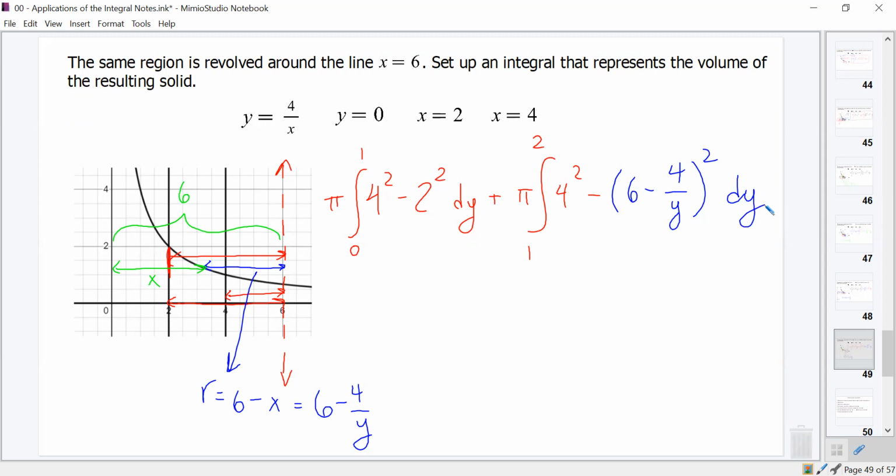So that's the end of our discussion about finding the volume of solids of revolution using disks and washers. And next time we'll have our last lesson of new material for the school year, where we talk about finding the volume of solids of revolution in another method, which we call cylindrical shells.